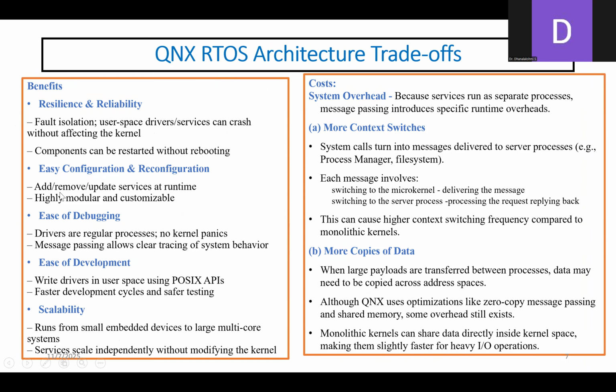You can add, remove, and update services at runtime. It's highly modular in structure. It's easy for debugging, which means drivers are regular processes and no kernel panics are required. Message passing allows clear tracking of system behavior. Ease of development: write drivers in user space using POSIX standards. It gives faster development cycles and safer testing.